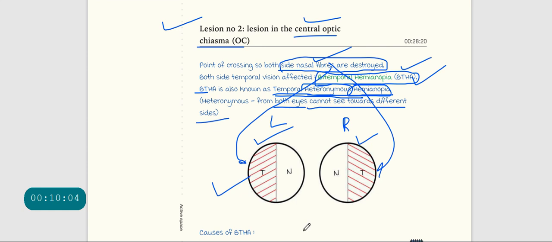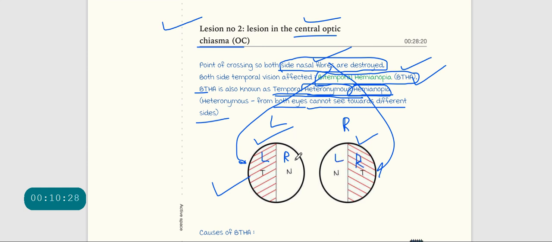In this eye, this is the left side and this is the right side. Then in this other eye, this is the right side and this is the left side. Simple.